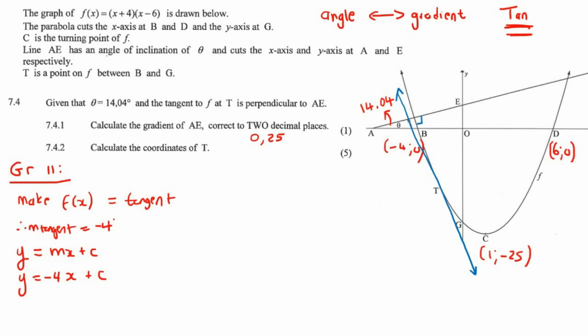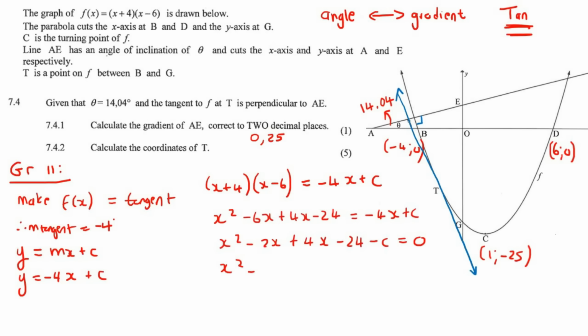So that's going to be x plus 4 times x minus 6, because that's the parabola, and you're going to make that equal to the tangent. Okay, then I just want you to get everything to the one side, so let's quickly go multiply all of this out. And then we're just going to put all the like terms together.